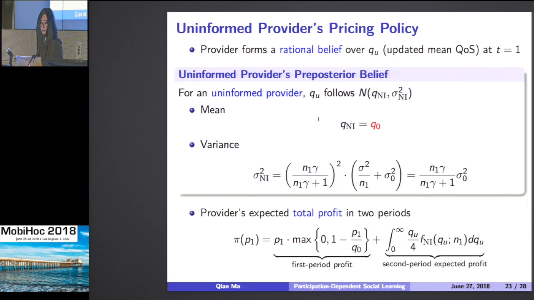However, here the mean QNI equals the prior mean Q0. The reason is that the uninformed provider does not know capacity in advance. And given this pre-posterior belief over QU, the provider can calculate its expected total profit in two periods, which consists of the first period profit and the second period expected profit that depends on the provider's pre-posterior belief over QU.